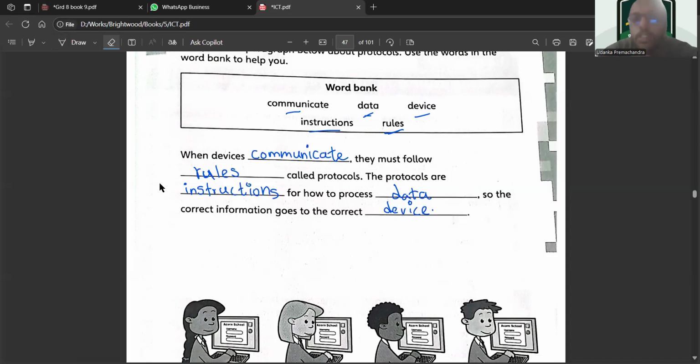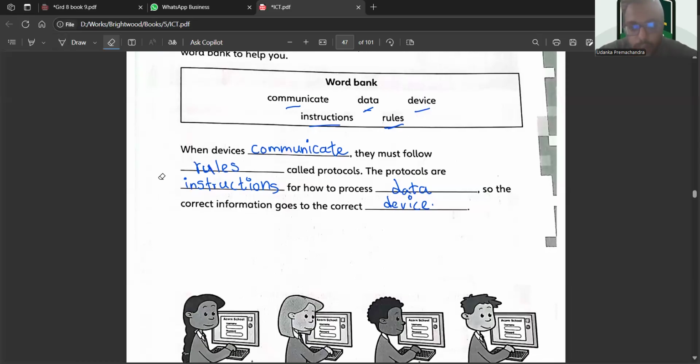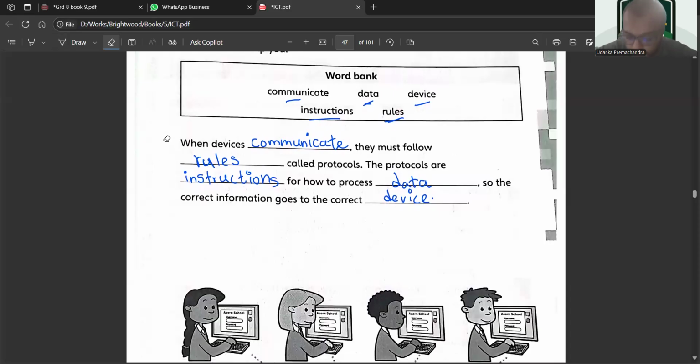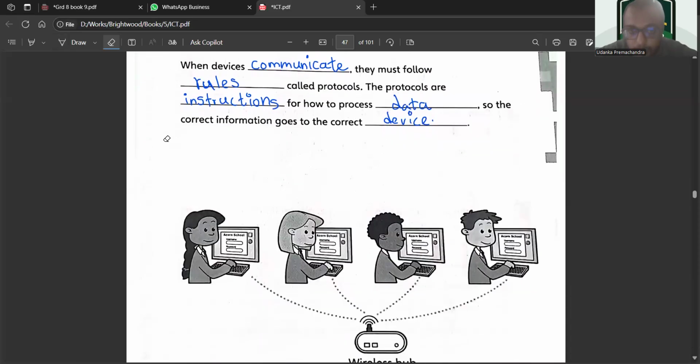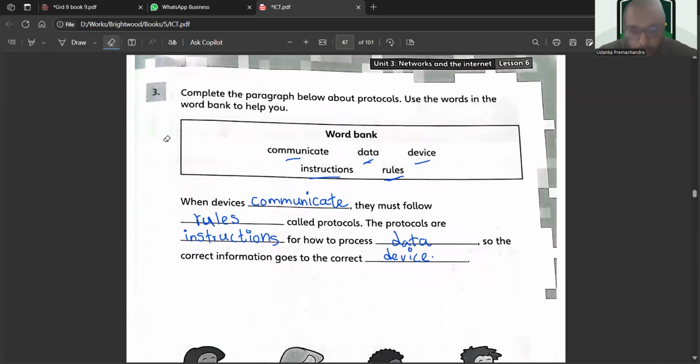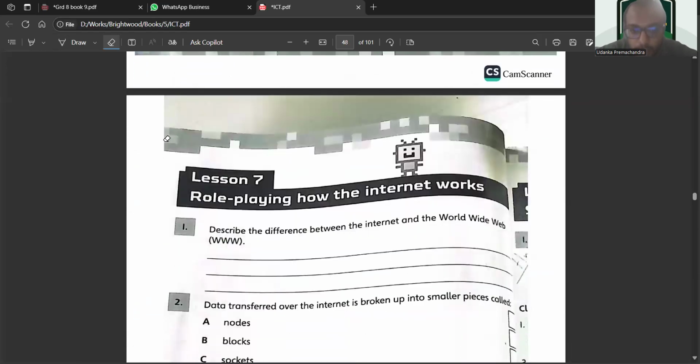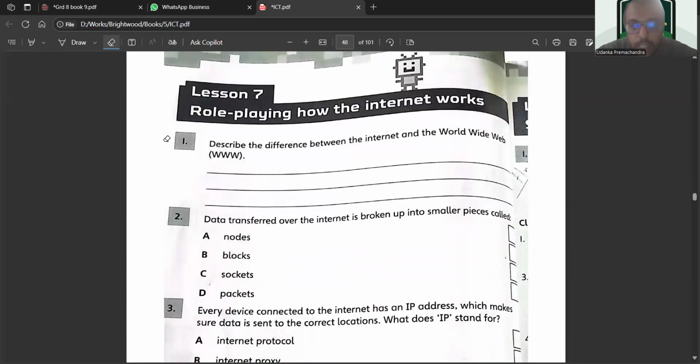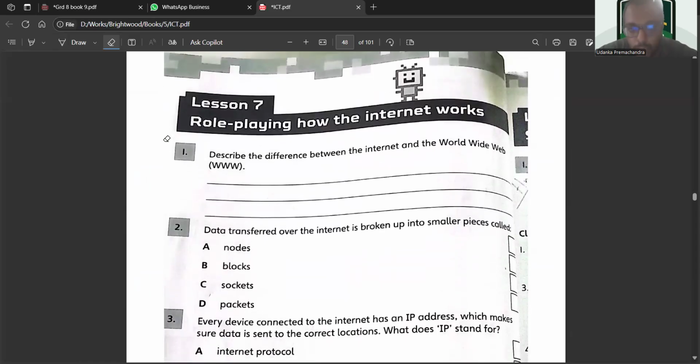Shall we move to the next lesson? We wrote about that one also. Next one. Role playing how the internet works, lesson 7.